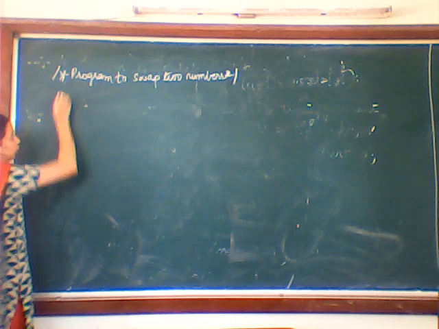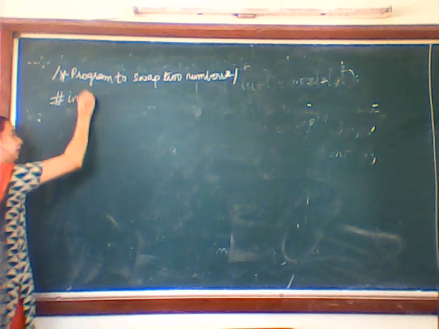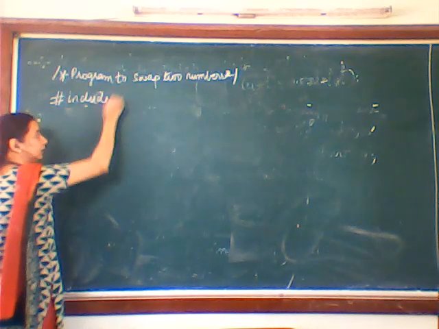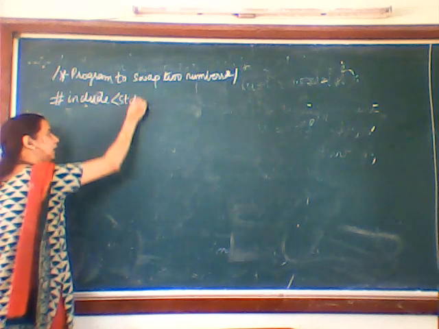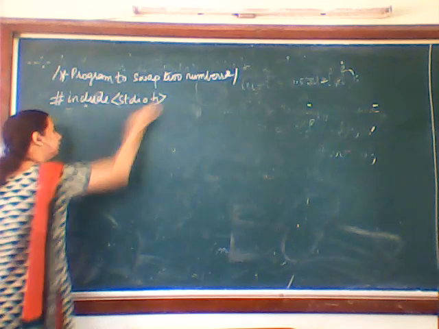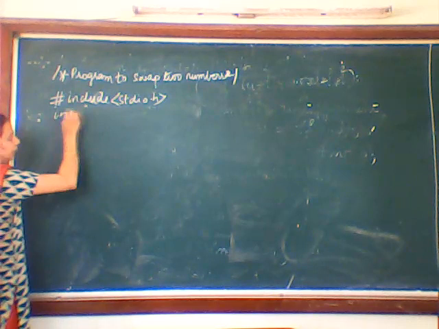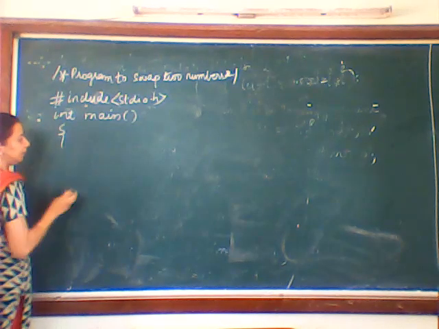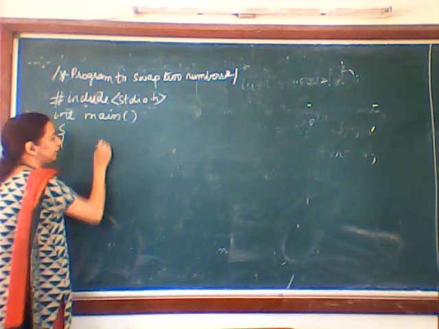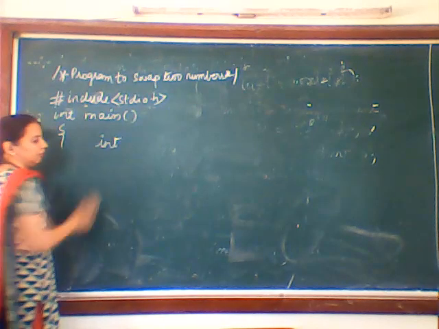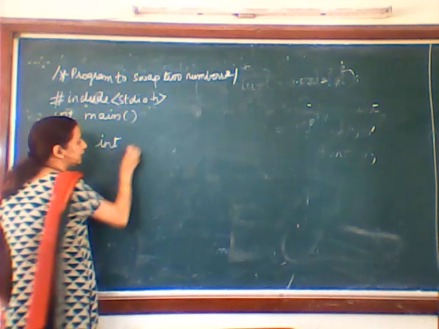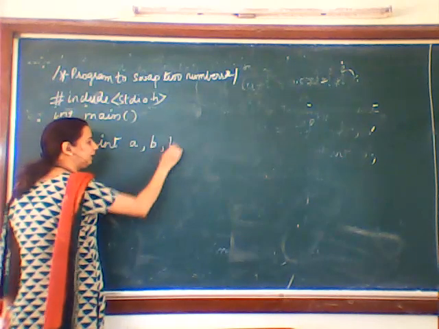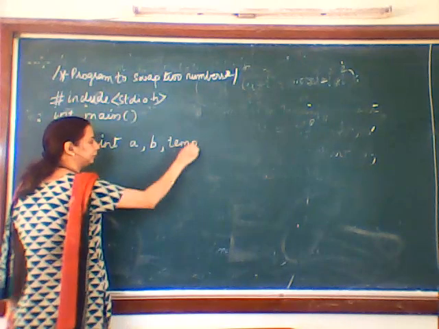We are going to first write the hash include statement and link the header file stdio.h. Then we are going to write the main, and in the main we will declare the variables. How many variables are we going to require? We are going to require 3 variables. Let's call the first variable A, second variable B, and third variable temp.